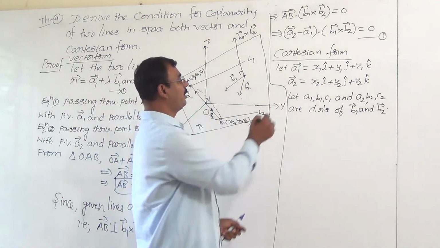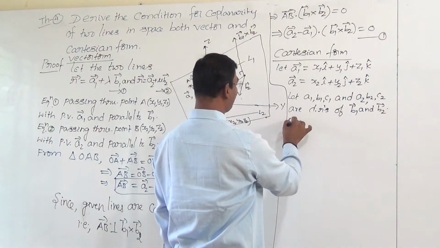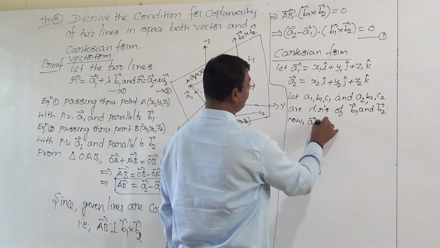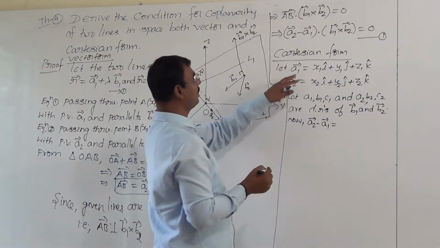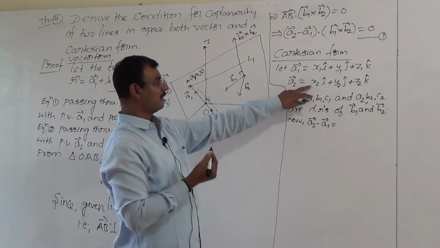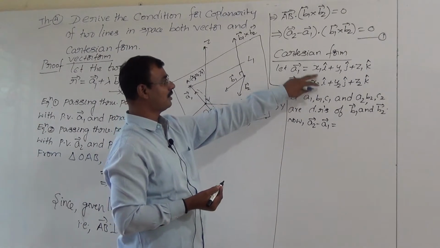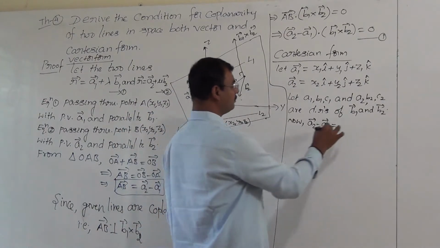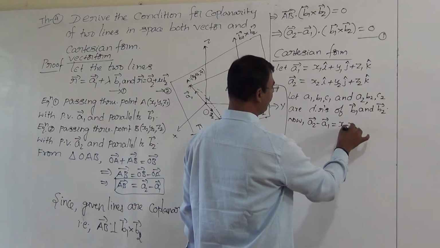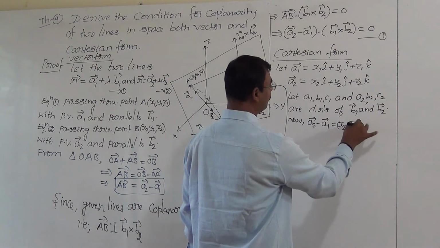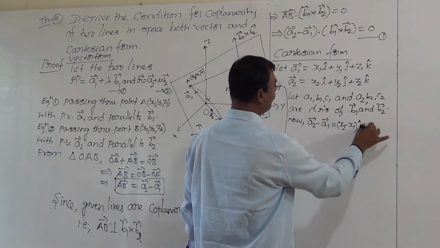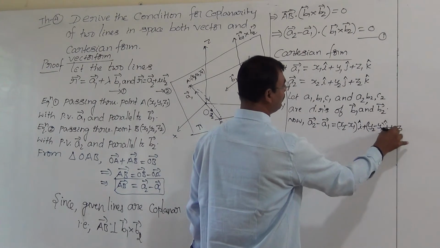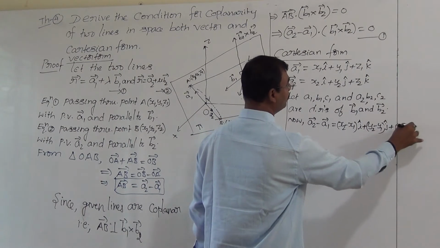Hereafter we have to find A2 bar minus A1 bar. Now A2 bar minus A1 bar, shall we write it directly? We have done a number of questions like this. Subtracting, A2 minus A1 is (x2 minus x1) i cap plus (y2 minus y1) j cap plus (z2 minus z1) k cap.